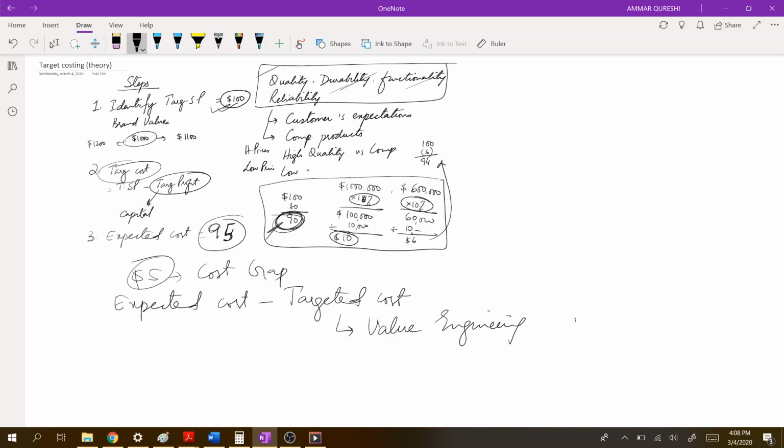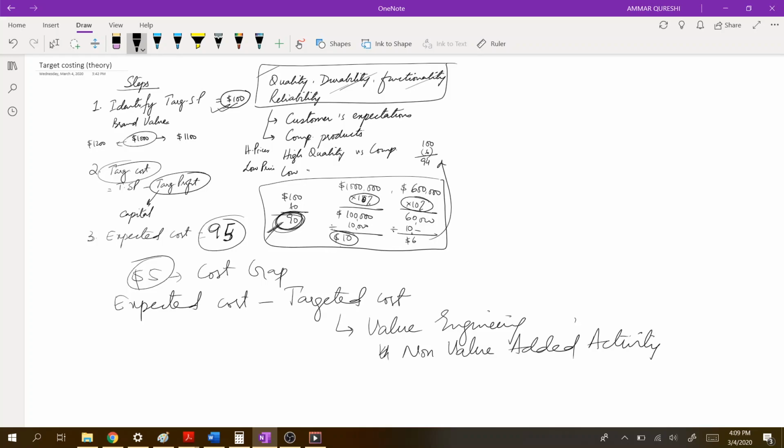First of all, we have to identify if there is any non-value added activity in the organization. These are activities the organization is performing which are not adding value to the product.